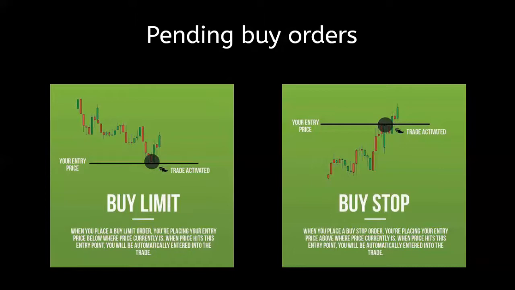So in this case, if you are waiting for a retest of a trend line or a support and resistance, and you suspect that this could be a good buy, but that could happen while you're sleeping, while you're working, while you're busy with other things, the pending buy orders and the pending orders in general will help us as retail traders to catch trades that we normally couldn't catch if we didn't have the pendings.